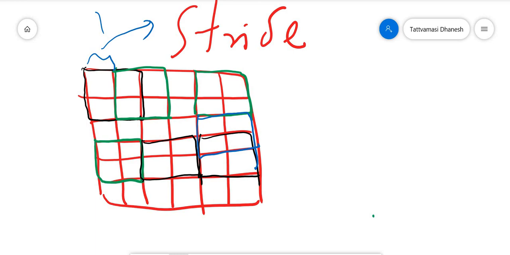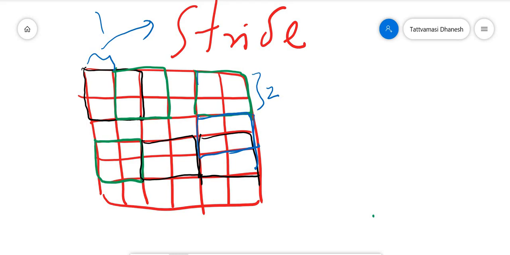When it moves like this, here the stride is 2. When it comes like this, here the stride is 2. So it's the jump from one position to another position. When it comes down, the same thing applies. So this is the stride.